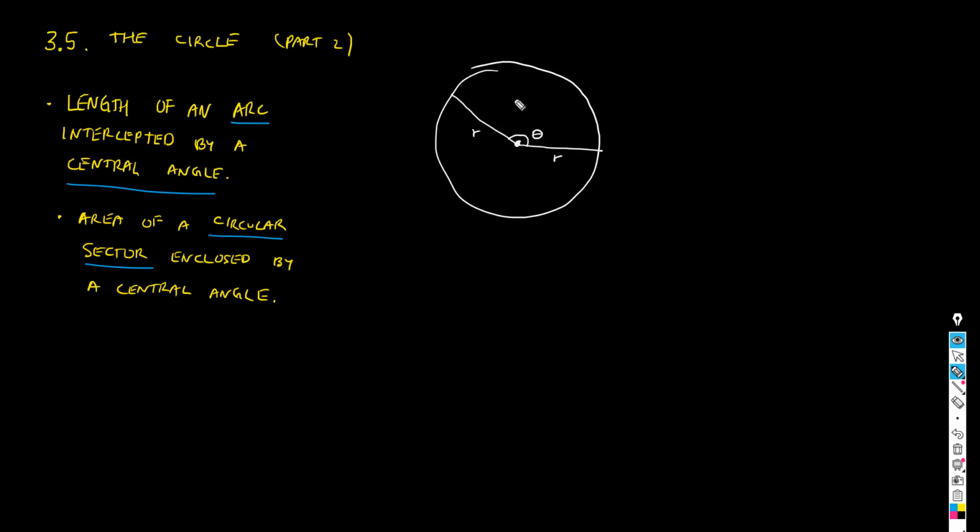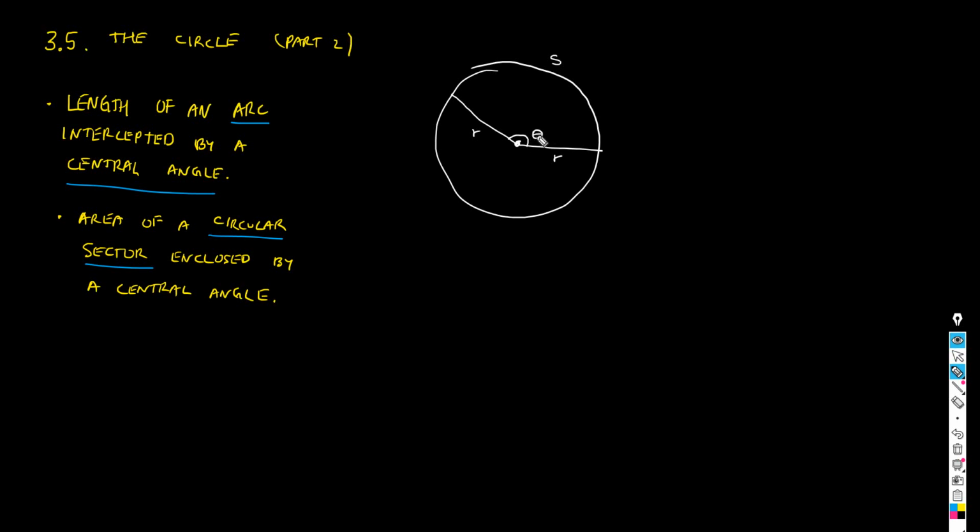Basically, this central angle theta intercepts an arc, which is all of this part of the circumference, and I'm gonna call the length of this arc S. How can I find S if I know this angle in radians?